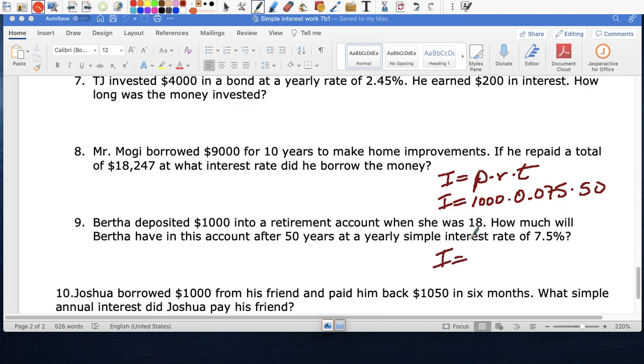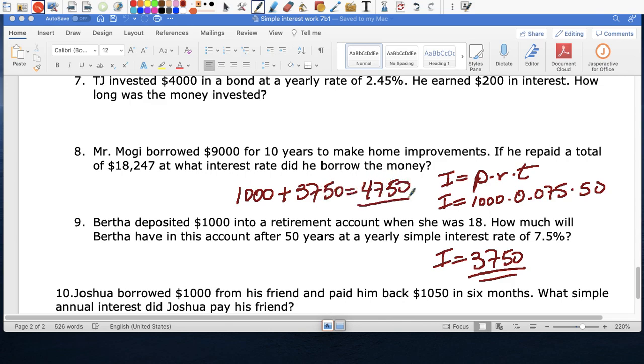Well, it's going to be 1,000 times 0.075 times 50, which is 3,750. That's how much she made in interest. So when she comes back in 50 years, she's going to have the $1,000 that she put in to begin with, plus this much that she earned. So her total account balance would be $4,750.